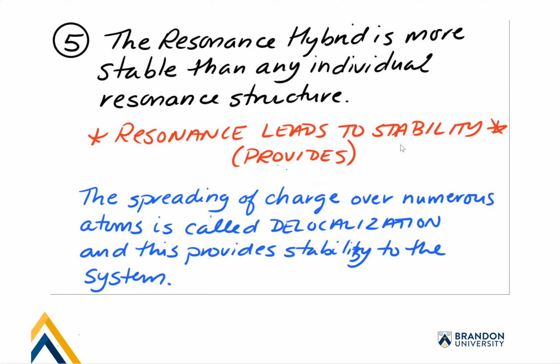Any molecule which has a multitude of resonance structures is going to be more stable than molecules that don't. So yeah, resonance leads to stability. When you spread whatever charge or electron density over numerous atoms, we call this delocalization, and that provides stability for the system.